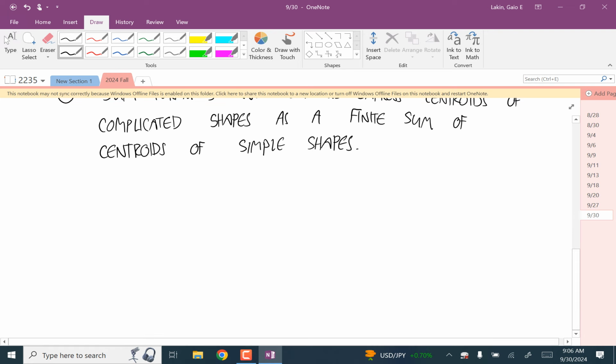Okay, so one, we already did that one. So now going on to the second one, what's the relationship between the centroids and the lines or planes of symmetry?